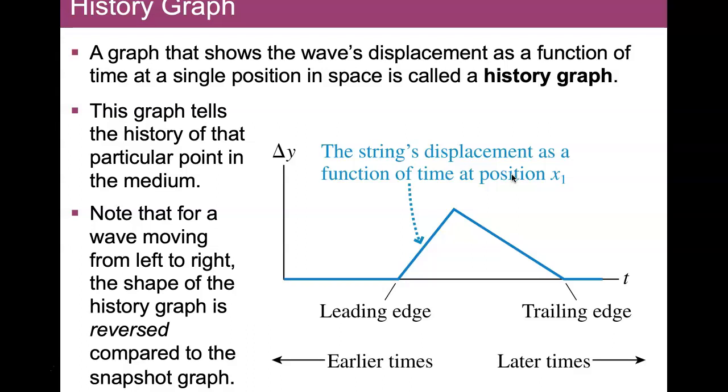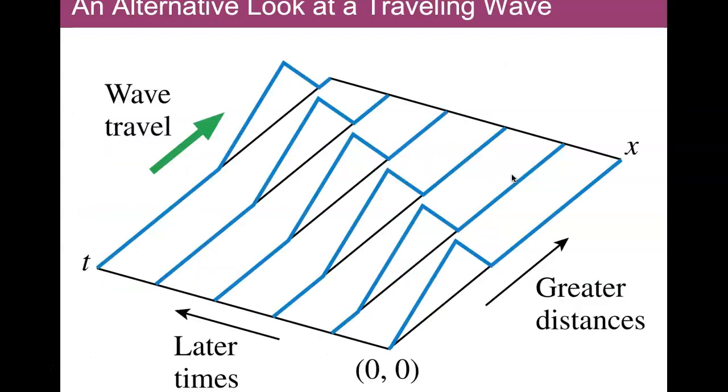All right, now these are the snapshots for different times. As time keeps going, the pulse moves forward. If I look at the cross sections this way, that's fixing the position and looking at different times.